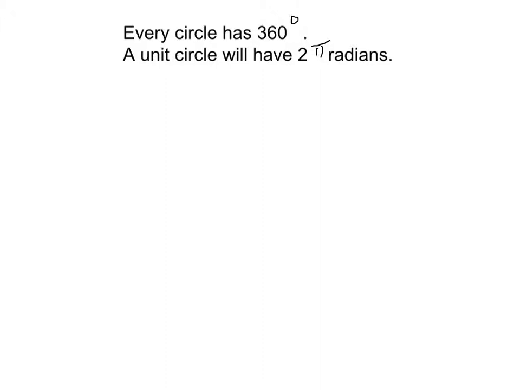So working between degrees and radians, we make this comment that every circle we know has 360 degrees in it. However, a unit circle, by the definition of radians, will have 2 pi radians in it. And so in a unit circle, 360 degrees and 2 pi radians basically are measuring the same angle.